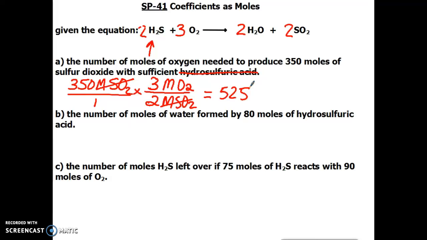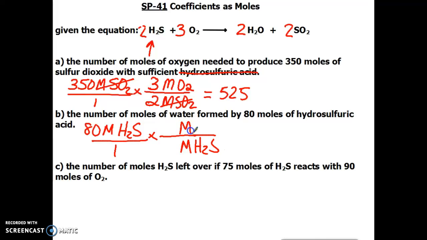The next question. This time we want to know the number of moles of water formed by 80 moles of hydrosulfuric acid. So we start with 80 moles of hydrosulfuric acid, which is H2S, put it over 1. Moles of hydrosulfuric acid have to go on bottom.